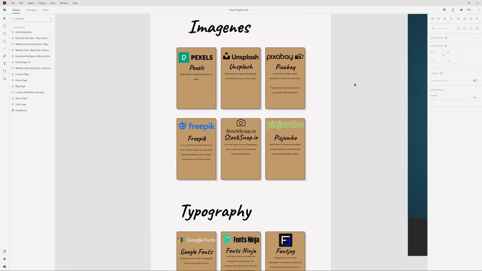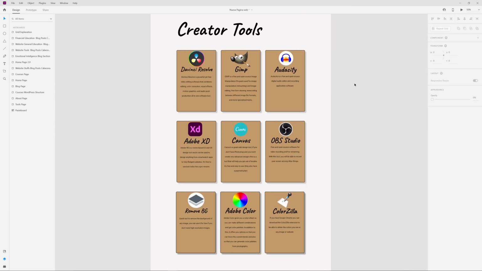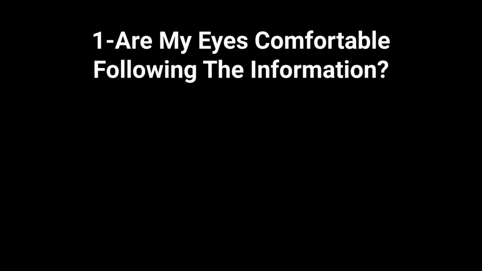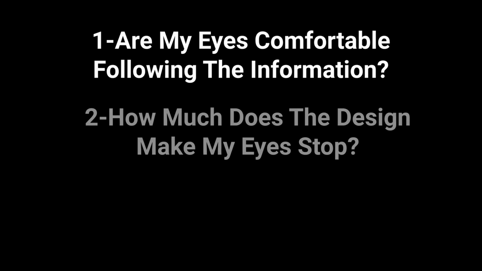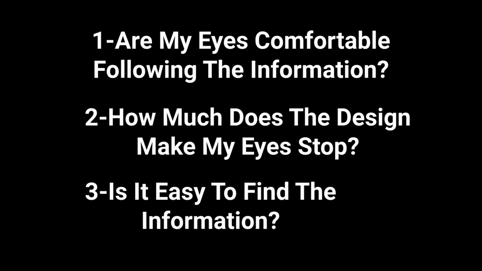Pay close attention to where your eyes go and ask yourself the following questions. Are my eyes comfortable following the information? How much does the design make my eyes stop? Is it easy to find information?